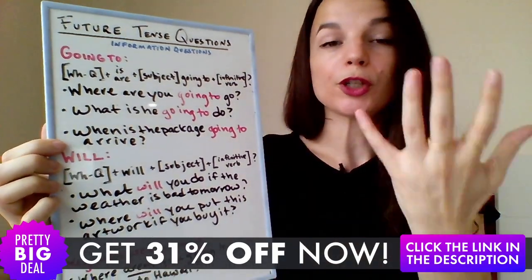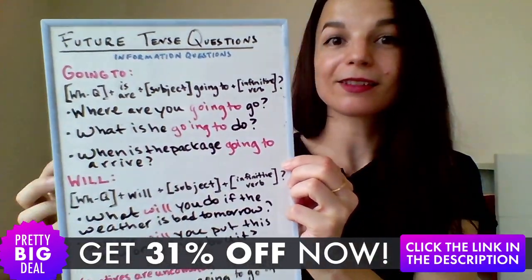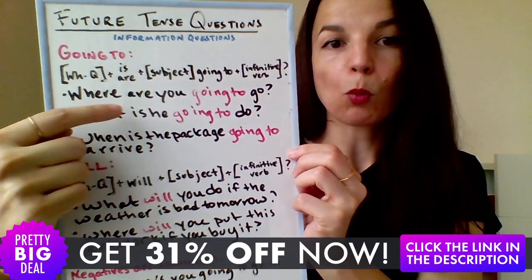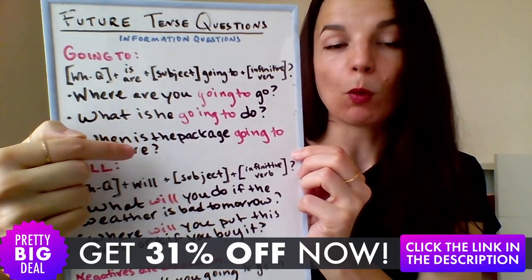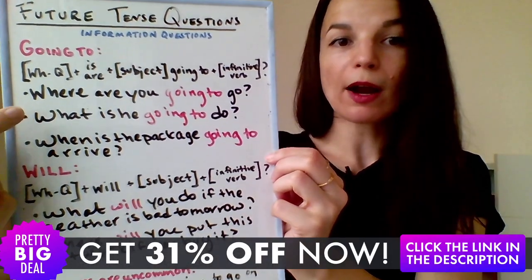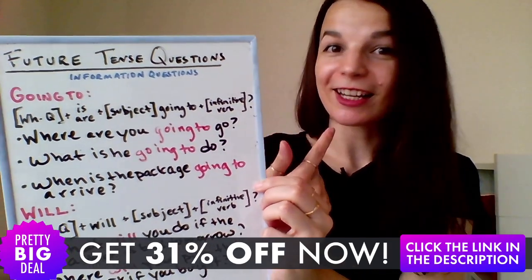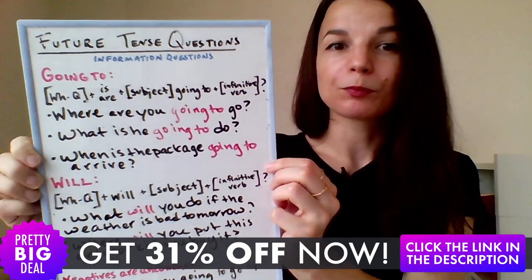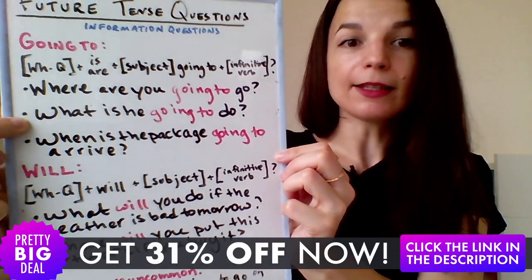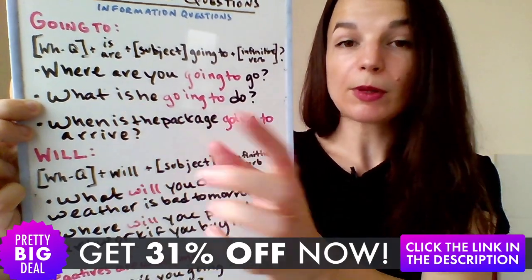So to return to our point earlier about going to, we make this gonna in everyday speech. And these, where are and what is and when is, also reduce. So where are becomes whereer, at least in my American English accent. Where are you going to go? Questions with what is afterwards become reduced.